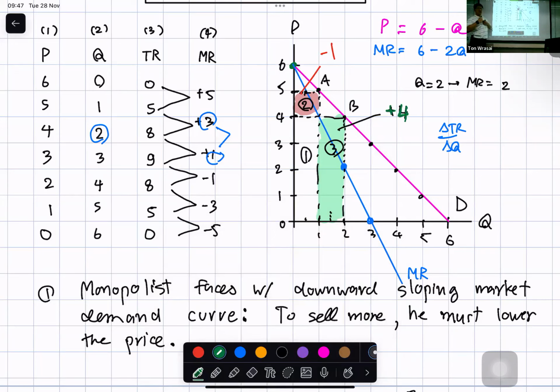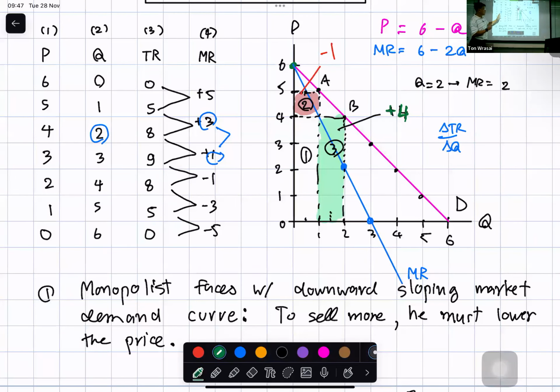So when the monopolist sees the net impact of this price reduction, so that he can sell more, the net impact is a battle between gain and loss, plus 4 minus 1. Oh, at the end, net impact is plus 3.